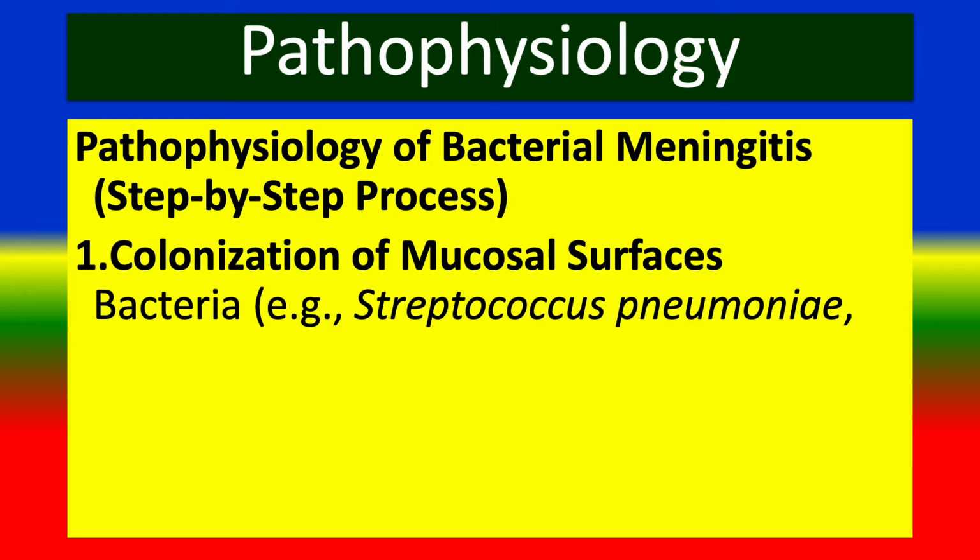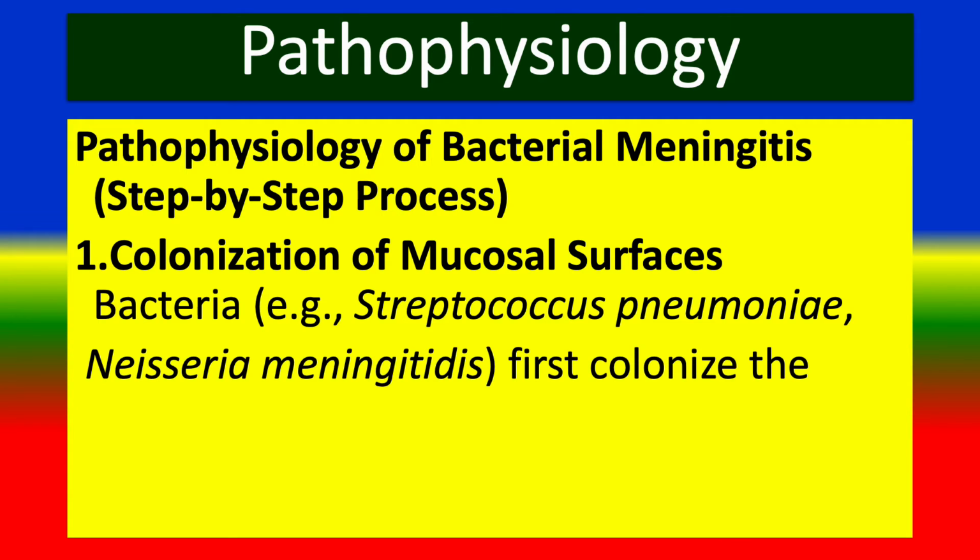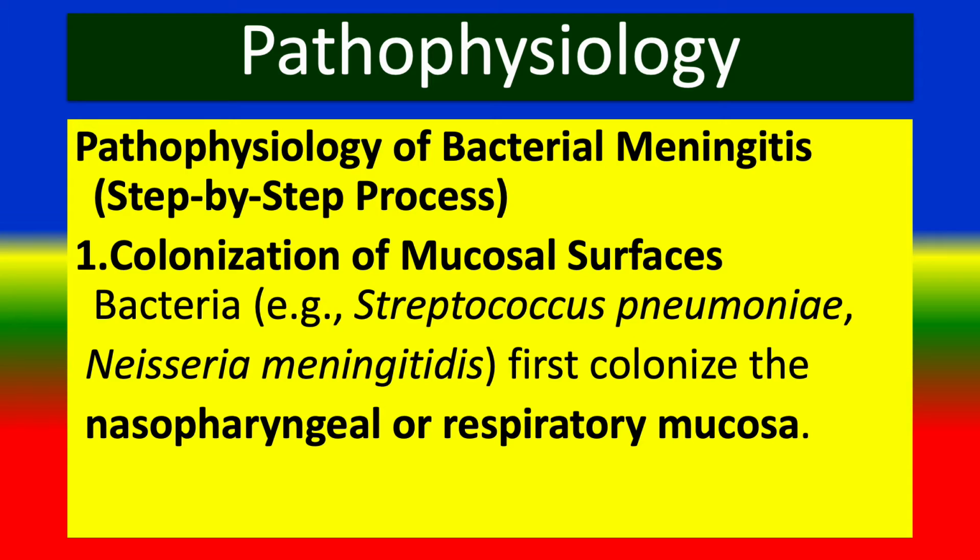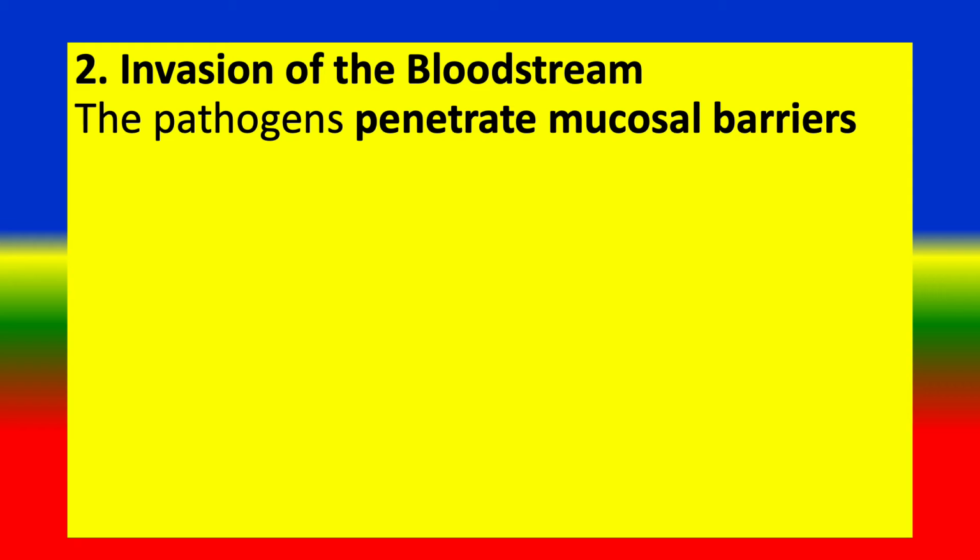Example: Streptococcus pneumoniae and Neisseria meningitidis first colonize the nasopharyngeal or respiratory mucosa. 2.